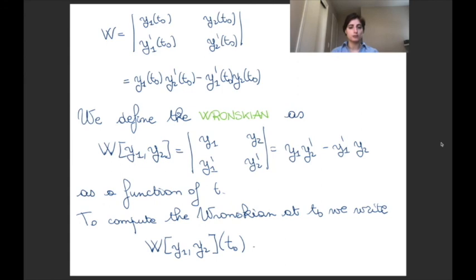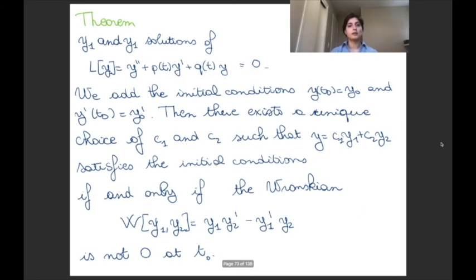To compute the Wronskian at a given time t0, we write it in a similar way as we did the differential operator. We write W, parenthesis y1 and y2, round parenthesis t0. This is our indication that we are taking y1 and y2 as functions of time, W of y1 and y2 is a function of time, and then we compute that function at a specific time. Now that we have constructed the Wronskian, we have a theorem about it.